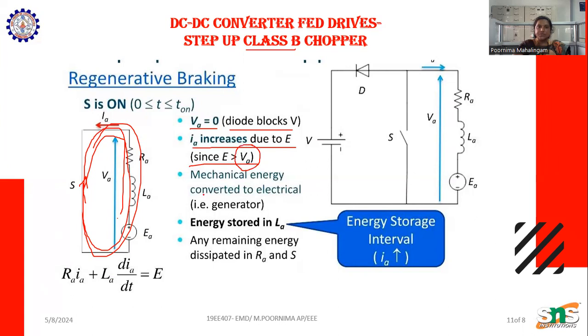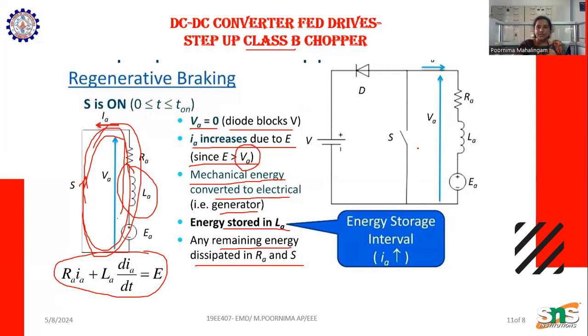So mechanical energy is converted to electrical energy, and the machine acts as a generator. The energy is stored in the armature inductor LA, and any remaining energy is dissipated in the armature resistance and source. This is the equation for regenerative braking.